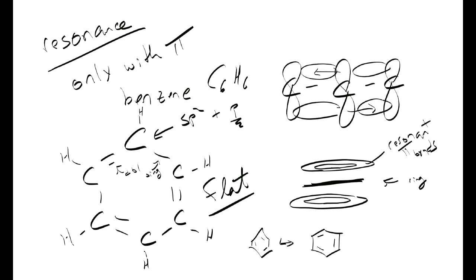Where you have the double bonds, they can either be between 1, 2, 3, and 4, 5, and 6, or they can be between 2 and 3, 4 and 5, 6 and 1. Well, what actually happens is this picture I've drawn here, where the pi bonds are smeared around the entire ring all the time.